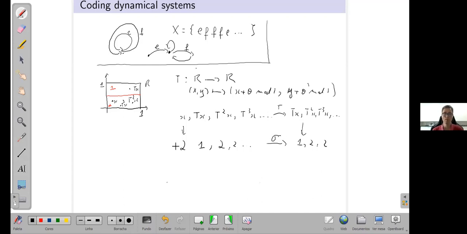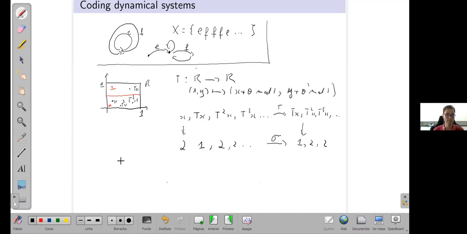And so what we have now is a sequence of 1s and 2s, and this map T, which was just some map in the unit square, has now become the shift map where you erase the first coordinate. So that's the idea, right? We're going to be studying this shift map instead of studying the map T.